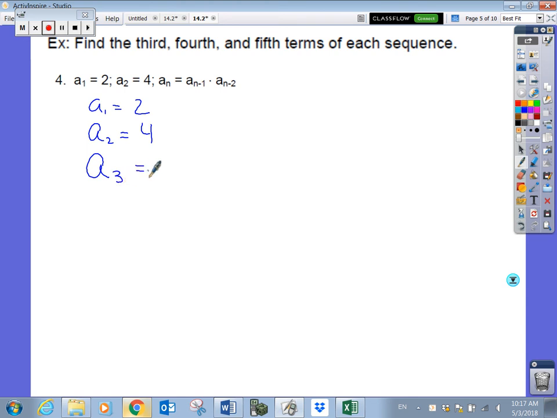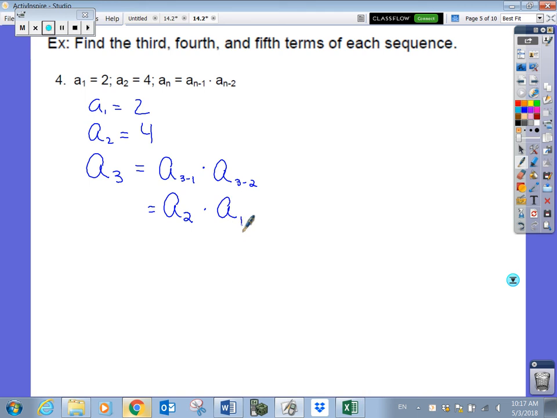If this one seems a little tricky for you, you don't know which one is which, let's plug that number in. So a sub 3 equals a sub 3 minus 1 times a sub 3 minus 2. Again, I don't have to see this every time. I'm just doing this in case you're getting a little lost. So 3 minus 1 is a sub 2. 3 minus 2 is a sub 1.